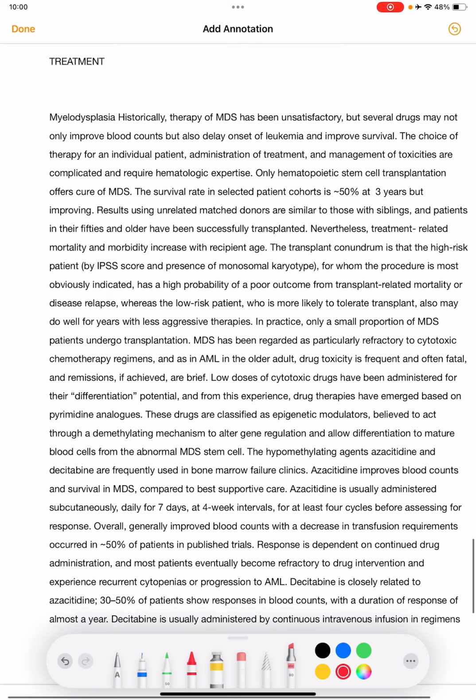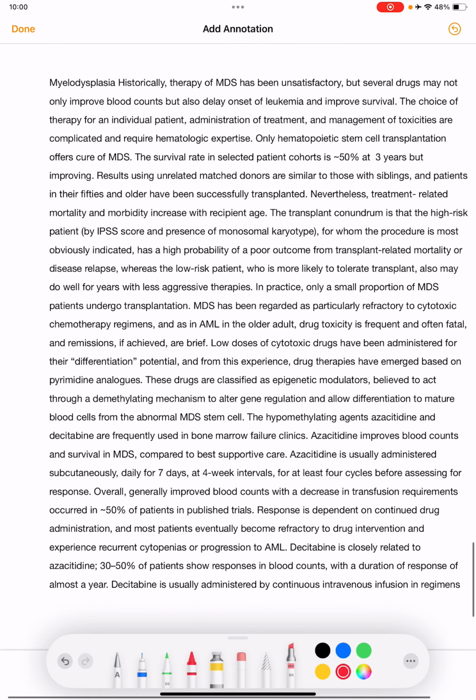Now treatment. Therapy of MDS has been unsatisfactory, but several drugs may not only improve blood counts, they also delay the onset of leukemia and improve survival.